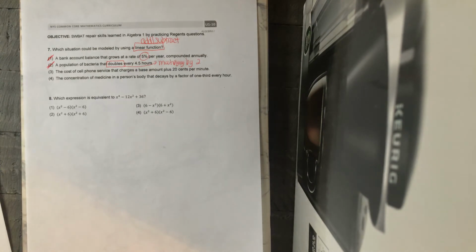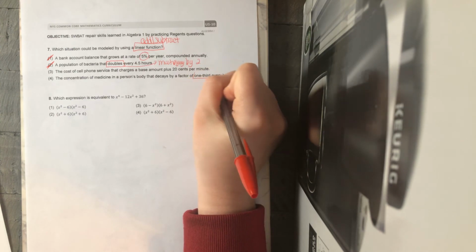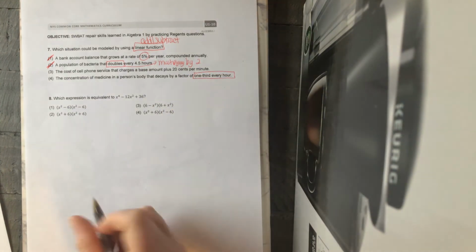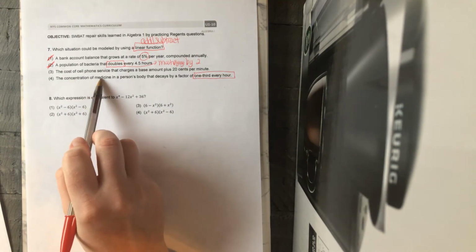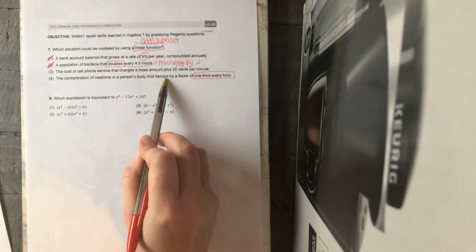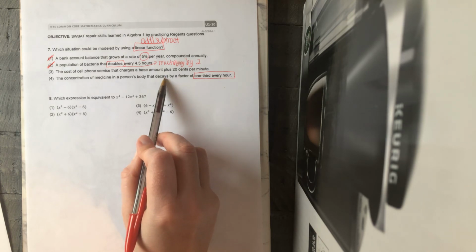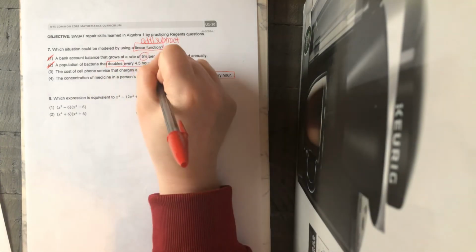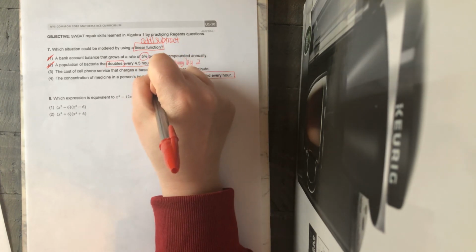So it has to be 3 or 4. If I jump down to choice 4 and I just look here at that 1/3 every hour, it says that the concentration of medicine in a person's body is decaying. I know that decay means to get smaller. You're actually going to learn about this word in the next unit as well. So decay means to get smaller.